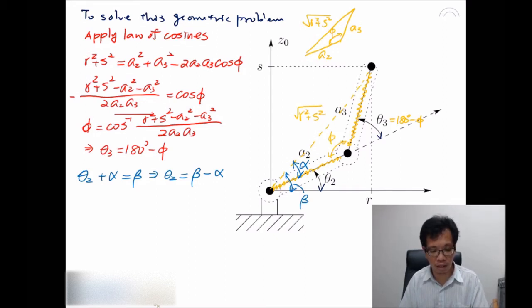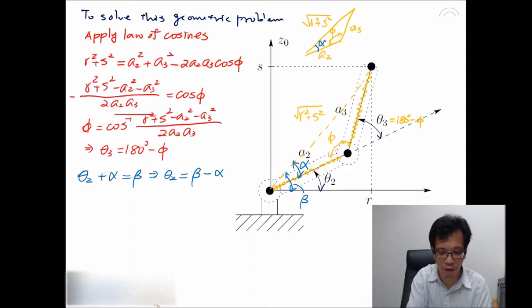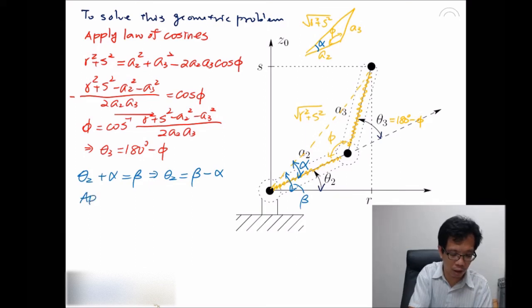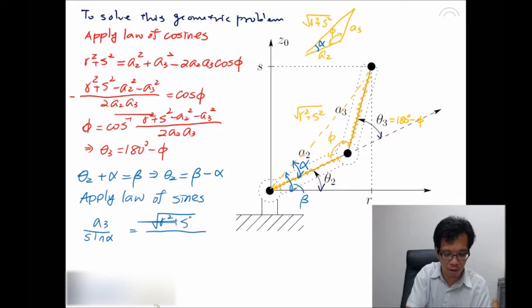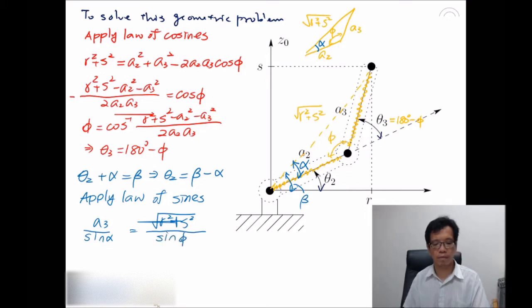And once we get this specific information, the other part of information is that since we know this is alpha, we can start to apply law of sines. Sine alpha corresponding to A3, R squared plus S squared over here corresponding to sine phi.